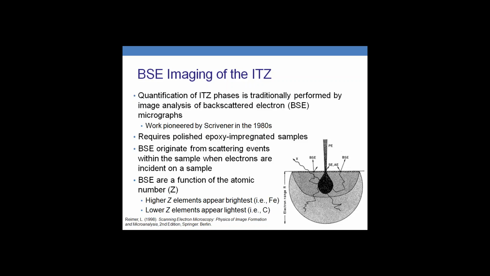In that one, the electrons come in with such energy that they go inside the material, bounce around a bit, and then get ejected. These backscatter electrons are a function of the atomic number, so it gives you information about the composition of the material. High atomic numbers like iron are bright, and low atomic numbers like carbon are kind of dark. That's what we see here.